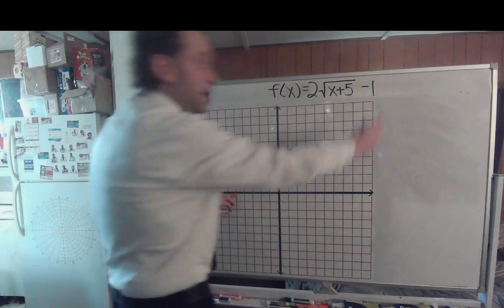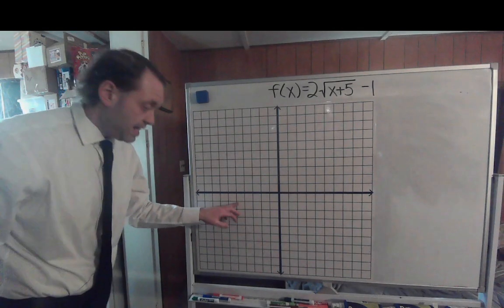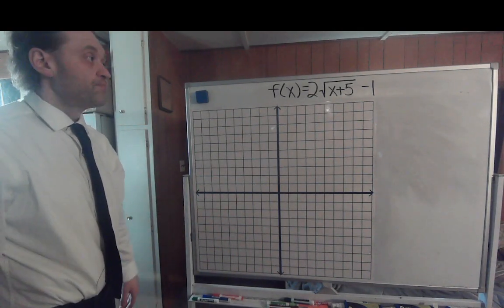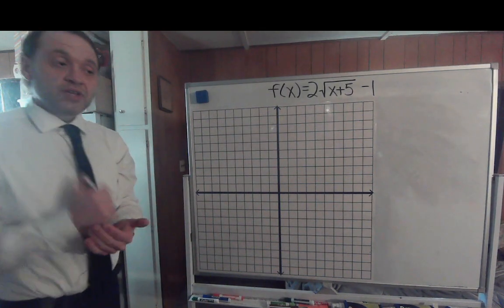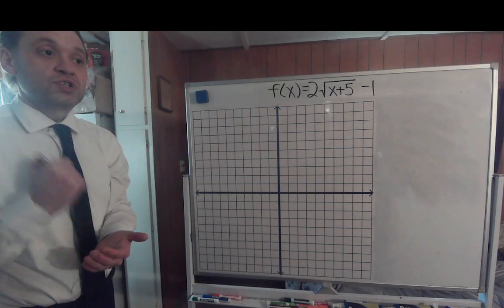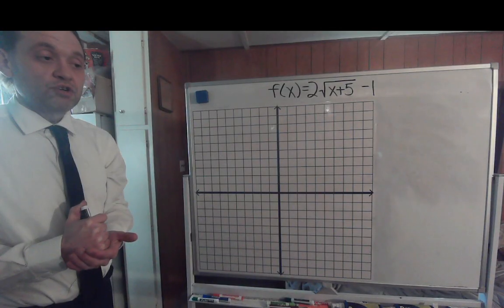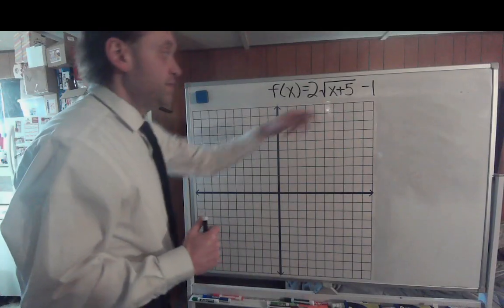And then that minus 1 outside of the square root means I'm going to shift everything downward 1 unit. Now if you take x plus 5, set it greater than or equal to 0, that means x has to be greater than or equal to negative 5 for your domain. So the domain for x is greater than or equal to negative 5.